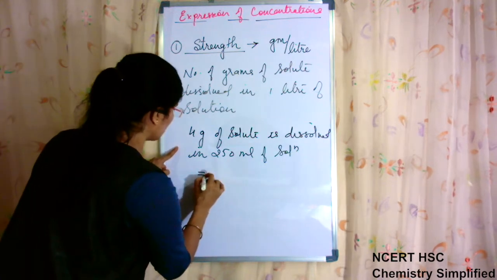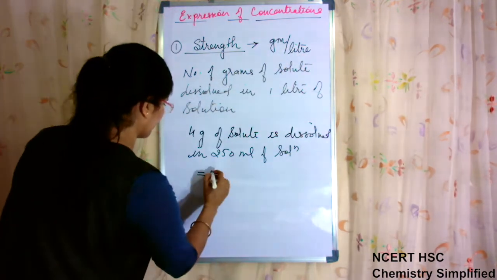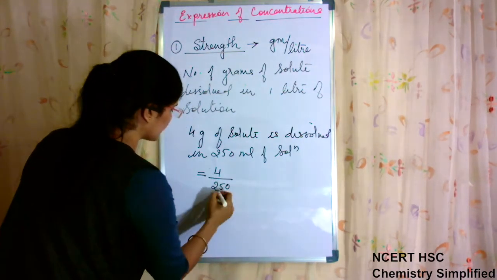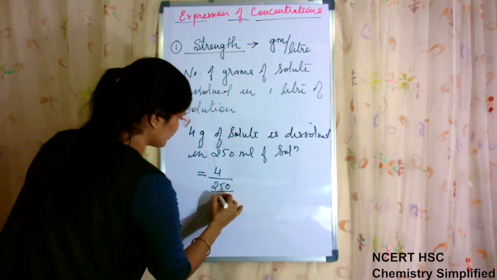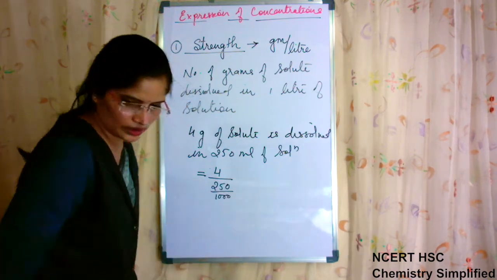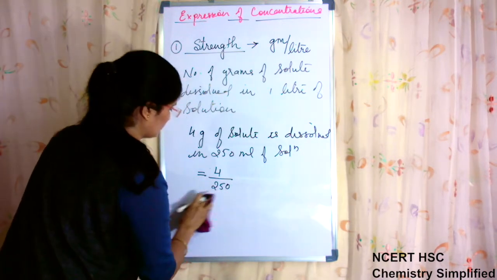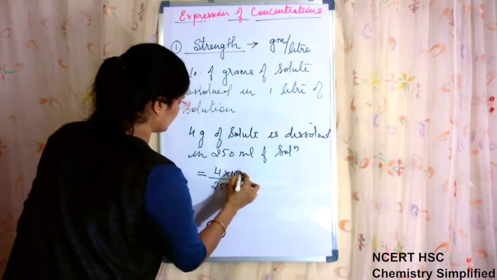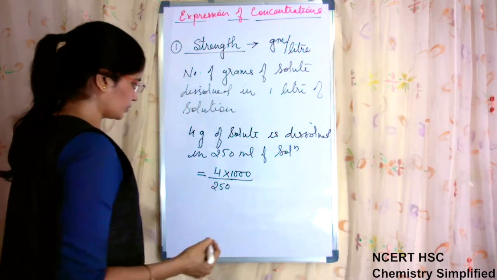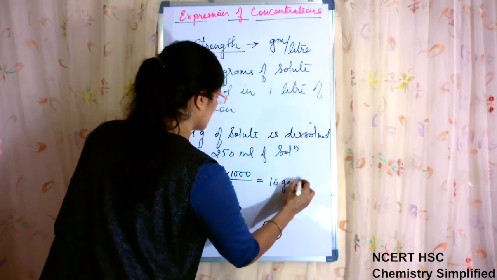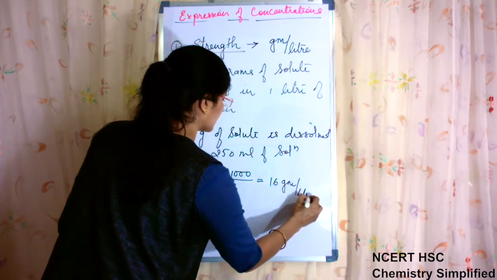Strength is grams per liter. 4 upon 250, this is ml. Convert it into liter, so 250 divided by 1000. That will become 16 grams per liter.